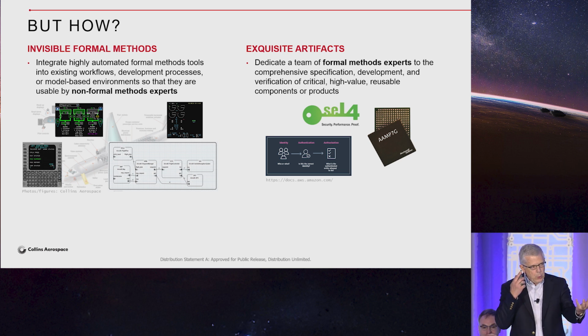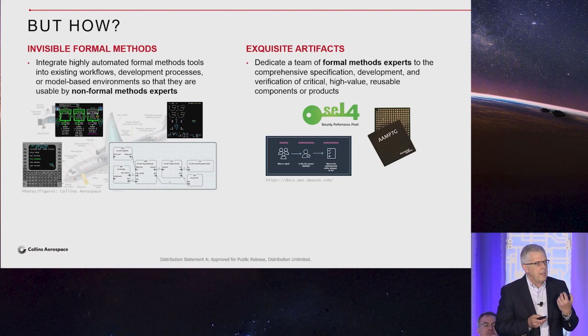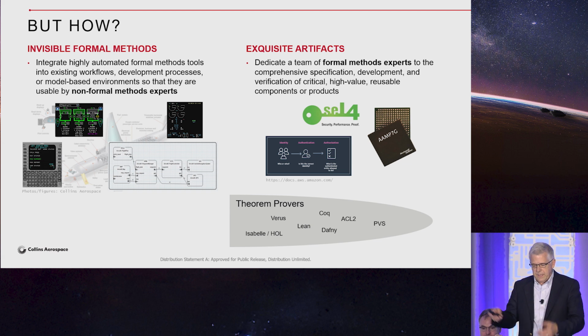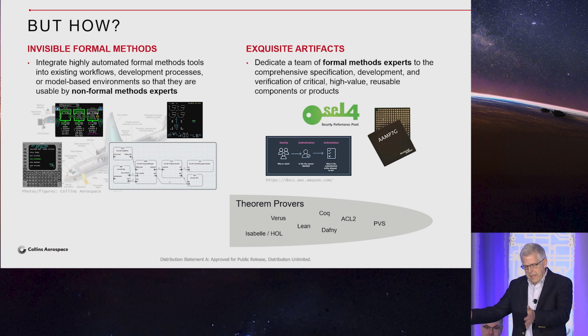So these are two equally successful and valuable mechanisms for transitioning formal methods into processes in industry. And they're based on typically different tools. The very dedicated use by formal methods experts tends to focus on theorem provers.